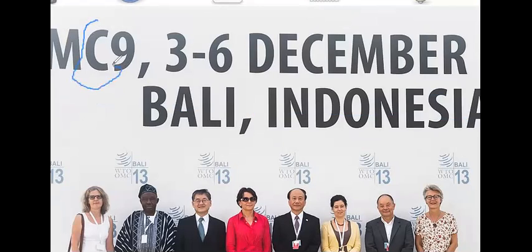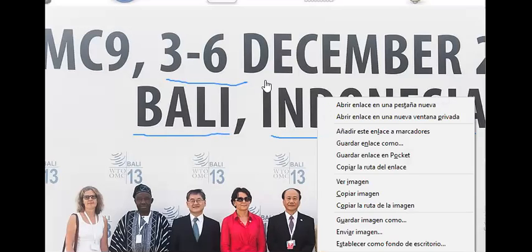This C in the middle of it suggests that it's some kind of conference, and possibly the 9th conference of its kind. That it took place in December of 2013 is at least strongly implied, but I don't know anything else about it. 3rd to the 6th of December 2013. It happened in Bali, Indonesia. So on the island of Bali.